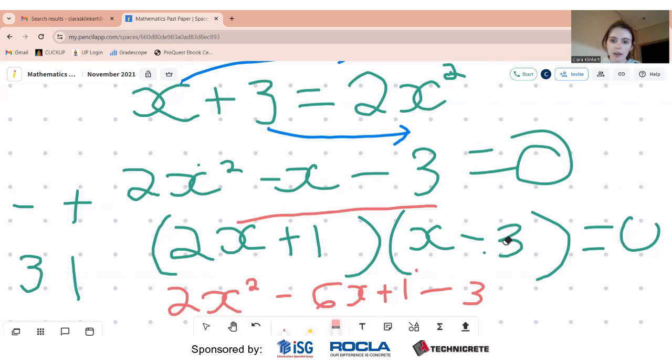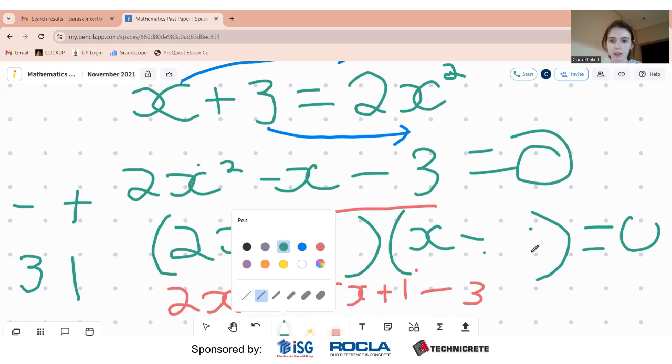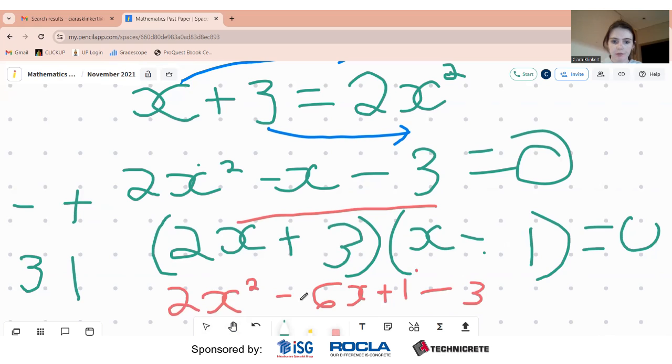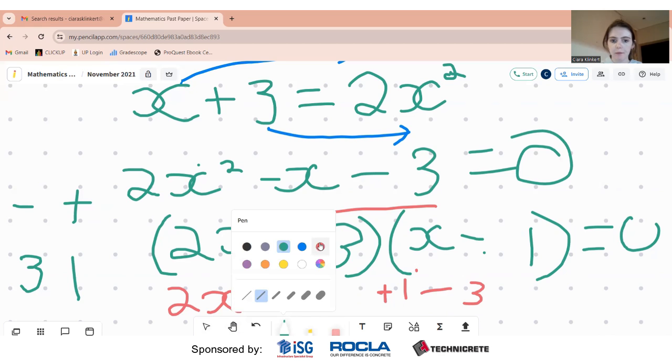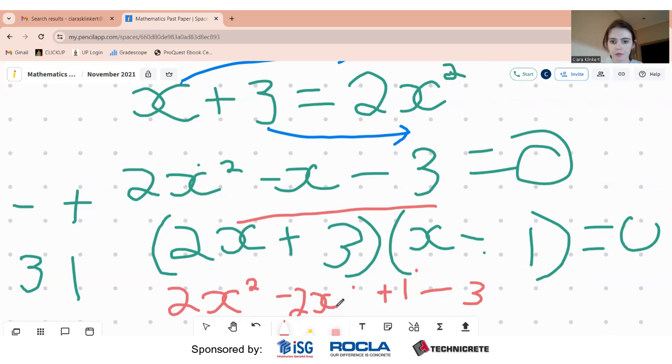So let me try and swap these around. Let's try and say -1 over there and +3 over there. So 2x multiplied by -1 will give me -2x plus 3x, which will give me a middle term of 1x.